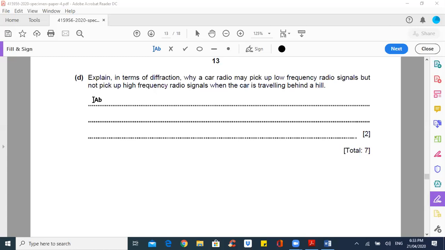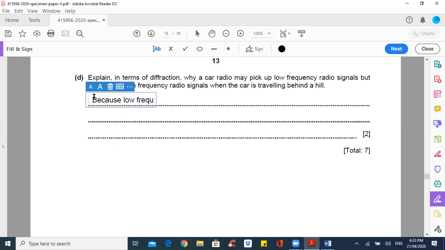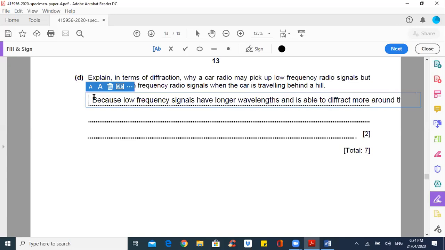Because low frequency signals have longer wavelengths, and are able to diffract more around the hill.